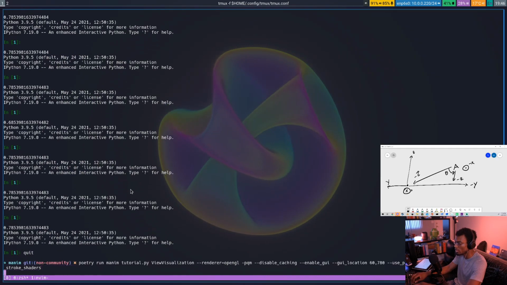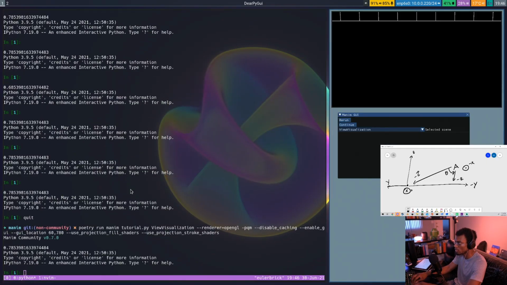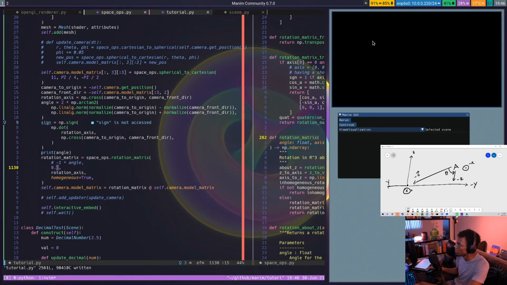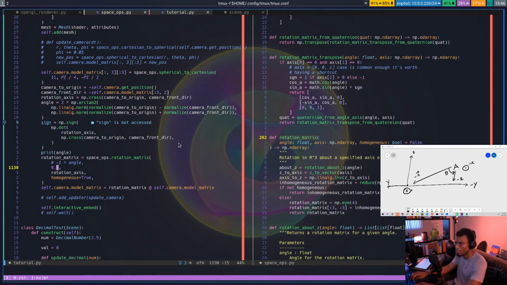Didn't like something I did. This is positive 0.1. Positive 0.2 is already... It's not live updating or something. That would have made it too easy.